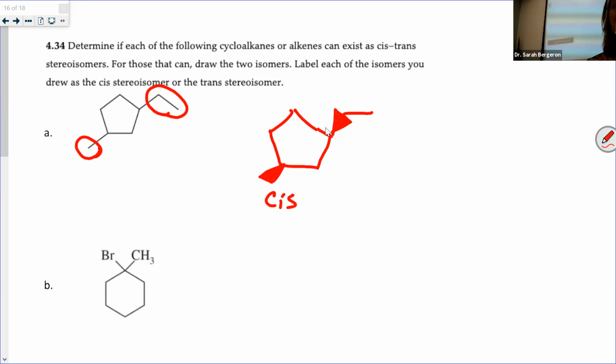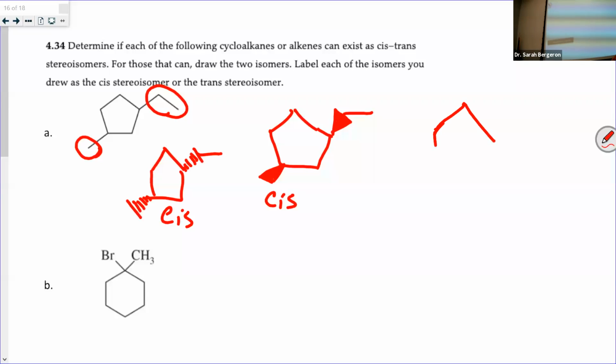Could we have done it a different way to draw a cis isomer? We could have drawn them both as what? As dashes, right? So you could have done that, and add your thing right there. Both of these are cis. What if I want to do a trans?